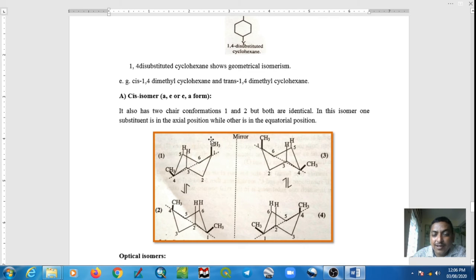But the axial methyl shows two 1,3 diaxial interactions, with the C3 hydrogen and C5 hydrogen, and the energy for one interaction is 0.9 kilocalorie per mole. Here we have two 1,3 diaxial interactions, that's why the energy is 1.8 kilocalorie per mole.